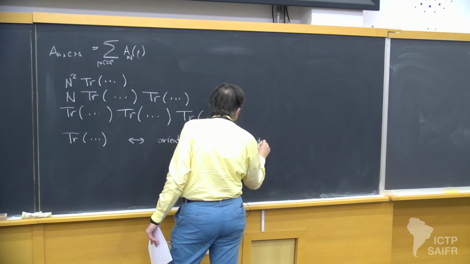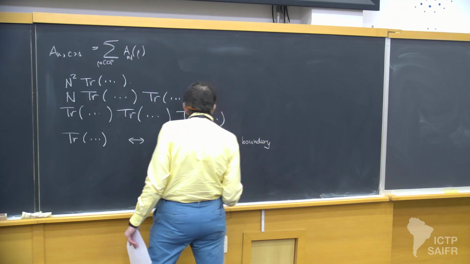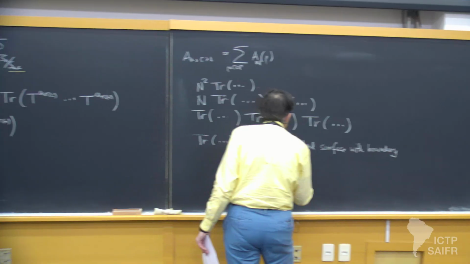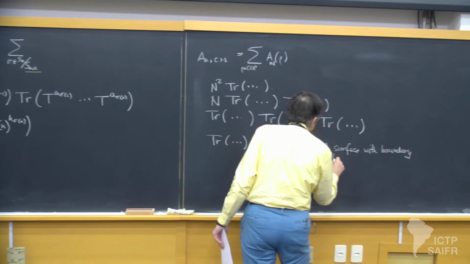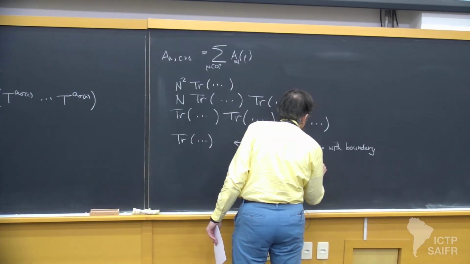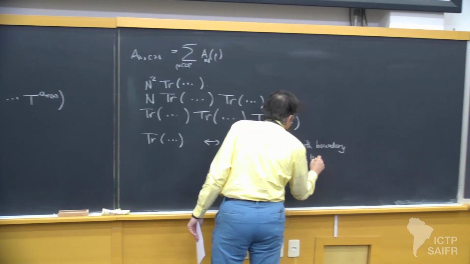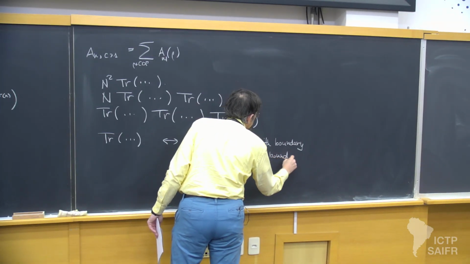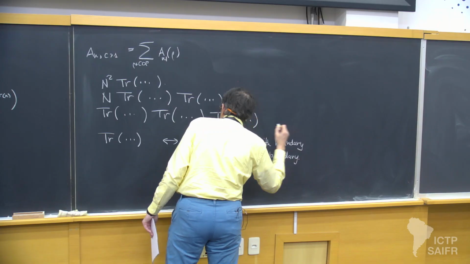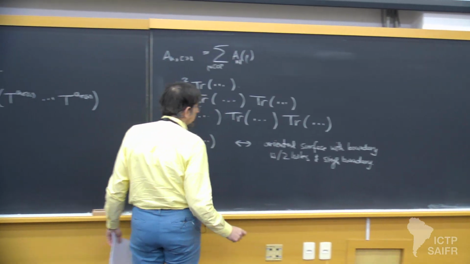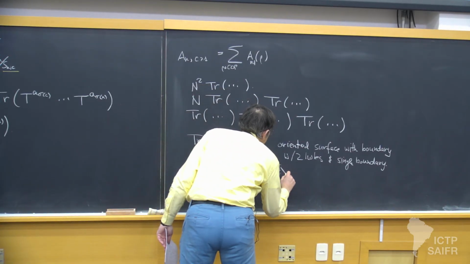In this case, it's an oriented surface with two holes and just a single boundary. And that's your first exercise for today, is draw this surface.